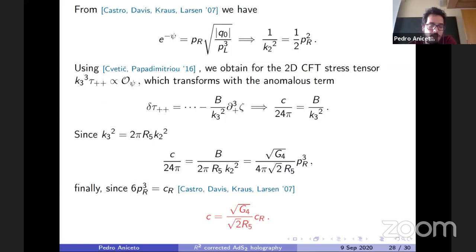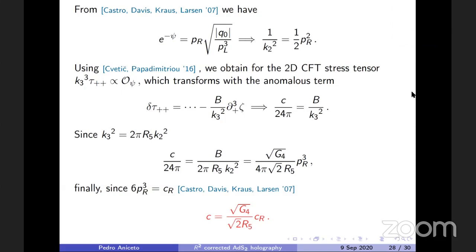Yeah, the only observable that we were using to compare was the central charge, and we couldn't find any evidence of the other term, the c left in this case. Yes, I see.